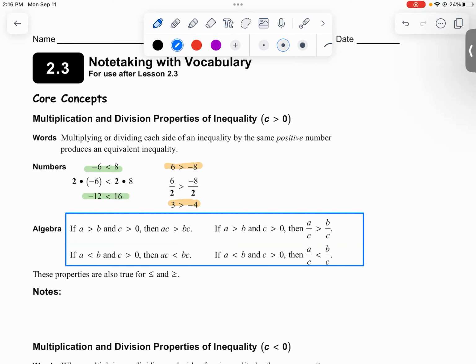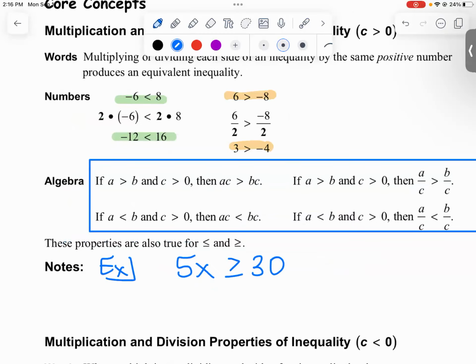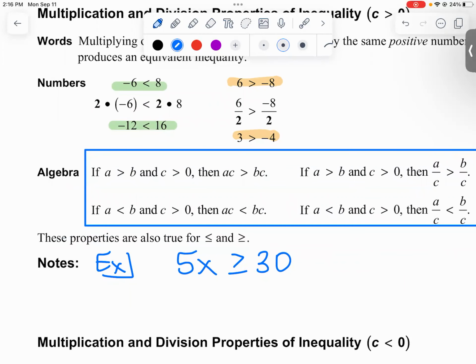So write down this example right here. If we have 5x is greater than or equal to 30, what can we do to both sides? So x is greater than or equal to 6.